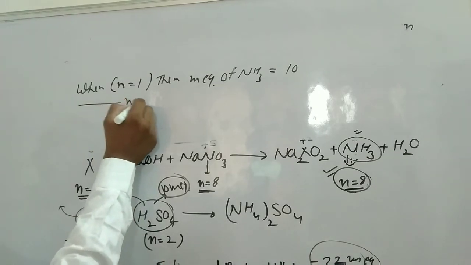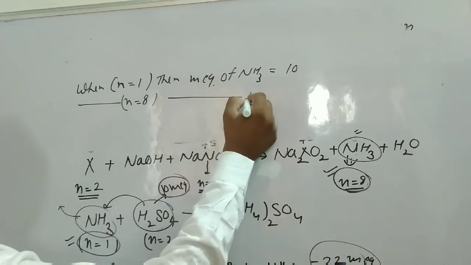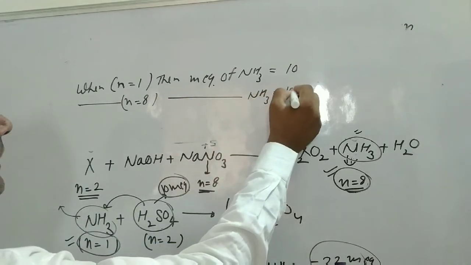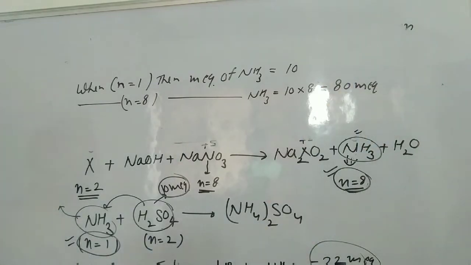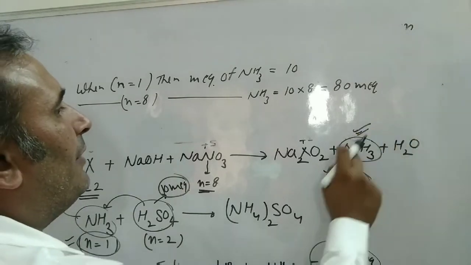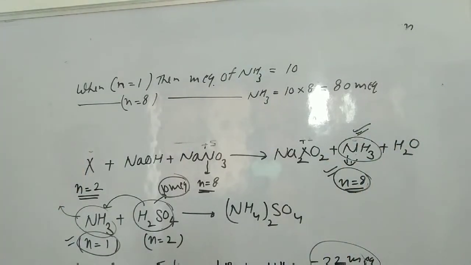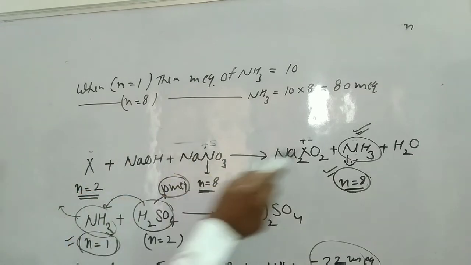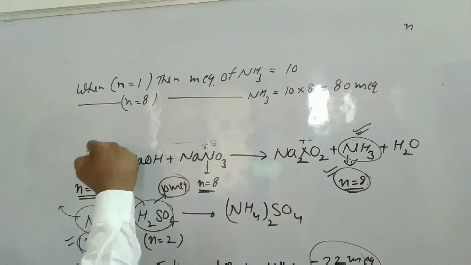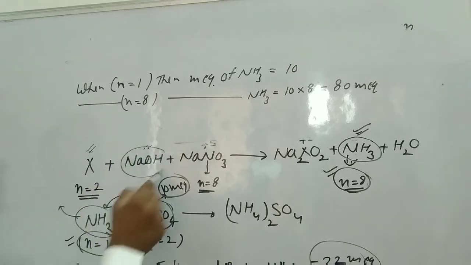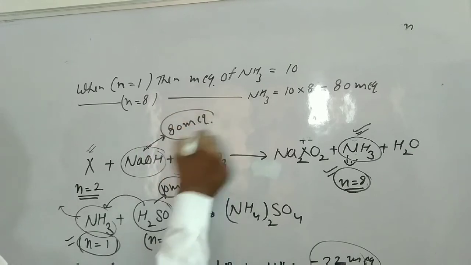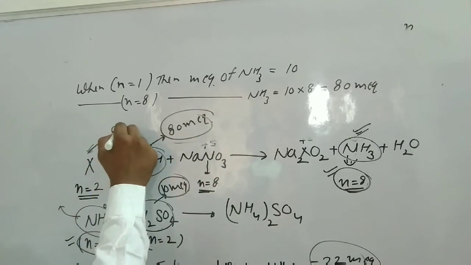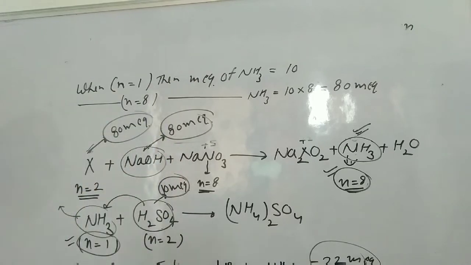When the N factor is 8, the milliequivalent of NH3 would be 10 into 8, that is 80 milliequivalent. So actually we have 80 milliequivalent of NH3 here. Because NH3 is produced by the reaction of X and NaOH, NaOH also has 80 milliequivalent, and X also has 80 milliequivalent according to the law of chemical equivalence. Clear?